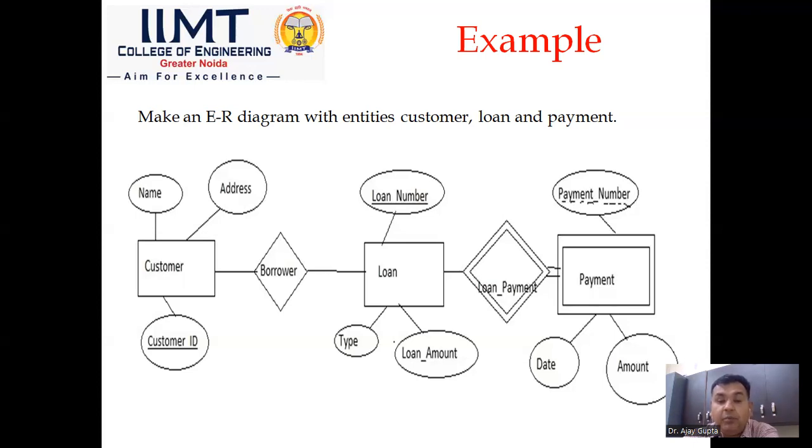Similarly, in the loan payment table, we are going to draw 2 columns: one is loan number from the loan table and one is payment number from the payment table. So converting this ER diagram into tables, we get 5 tables. And we have already said that in the relational model, the collection of tables itself is the database.